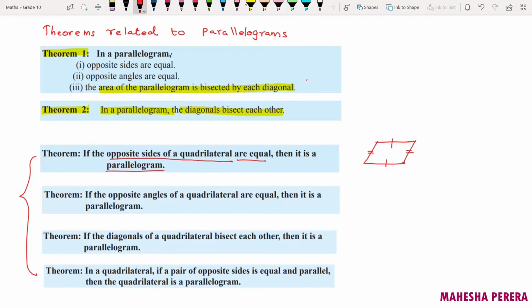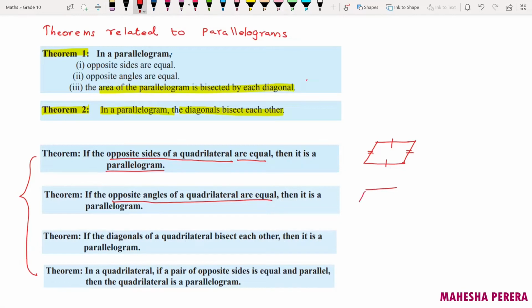Similarly, the next converse theorem: the opposite angles of a quadrilateral are equal. If the opposite angles of a quadrilateral are equal, then it is a parallelogram, right?